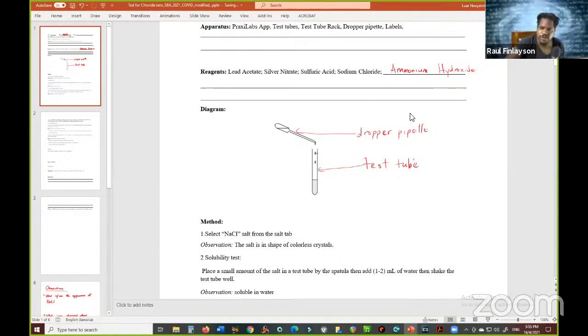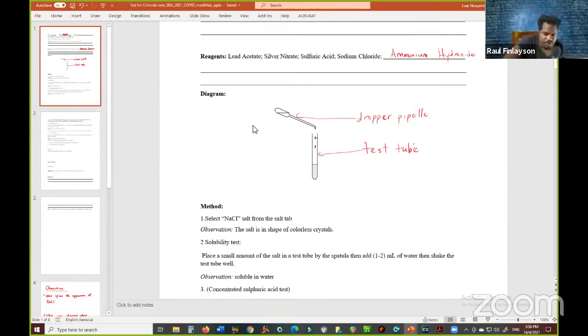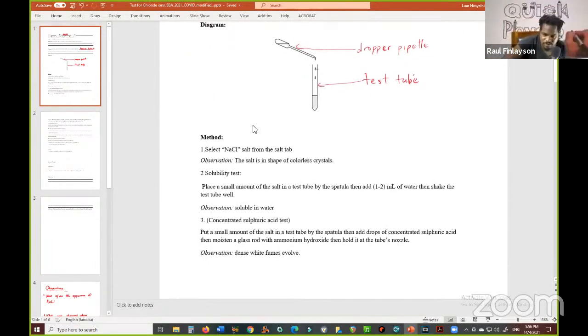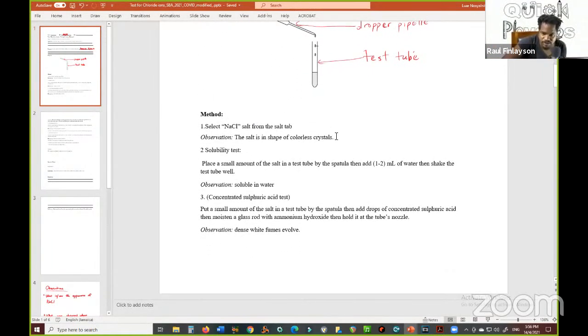And then the hydrogen chloride reacts with the ammonium hydroxide to give us the white fumes. So we're going to go through that today, so that you can do the analysis part of the lab here.